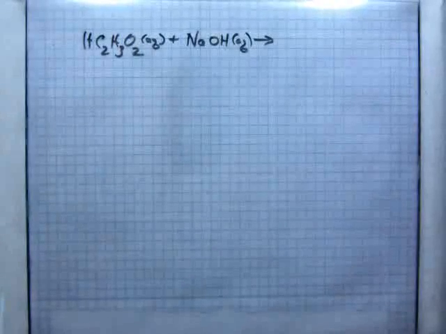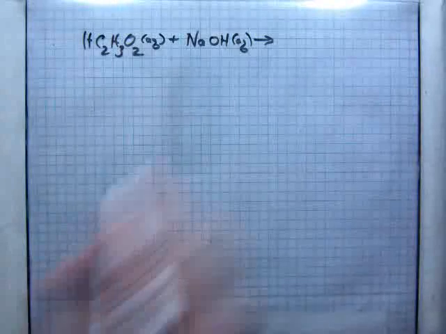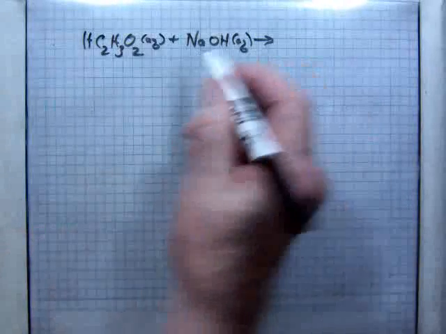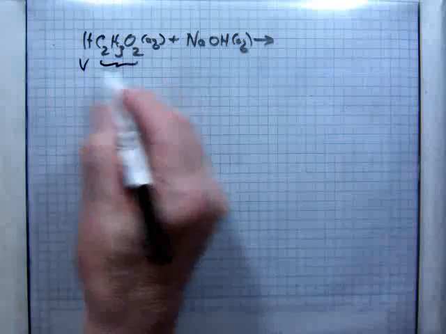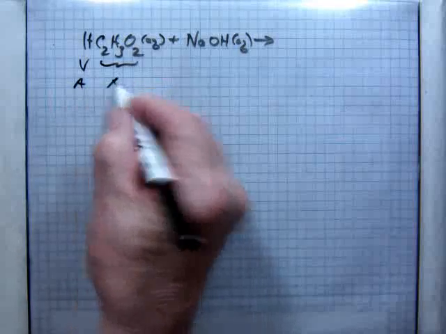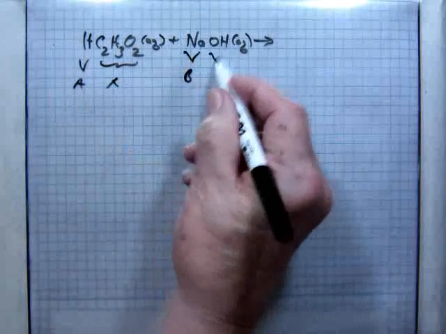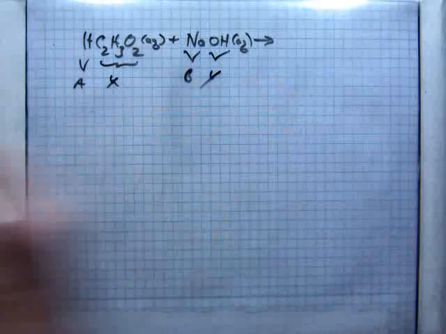Okay. Acetic acid and sodium hydroxide. And so here is your AX and BY to take into consideration.